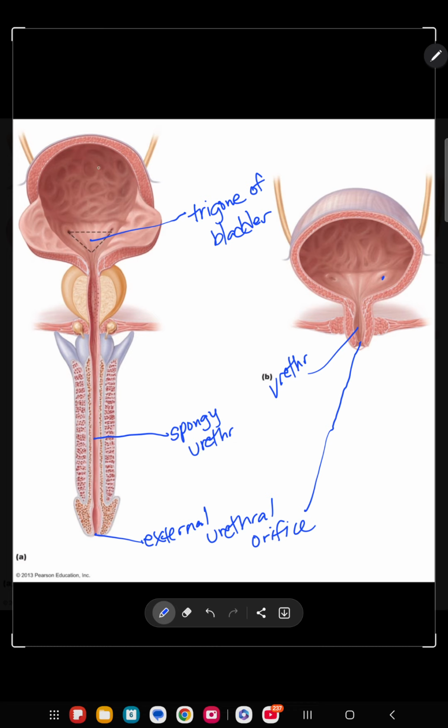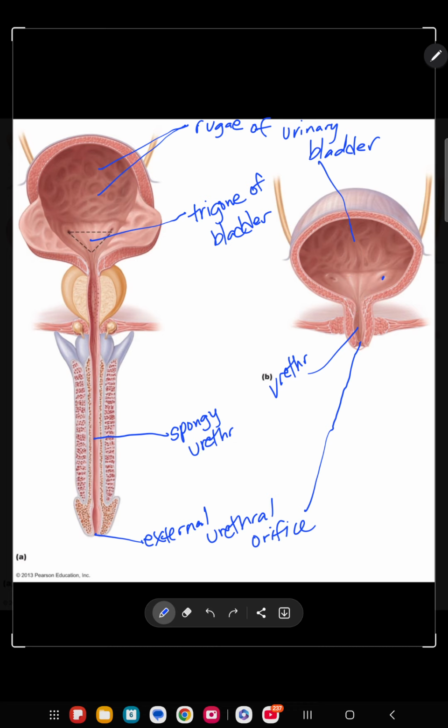And then this is the rugae of urinary bladder. The woman also has a trigone of bladder.